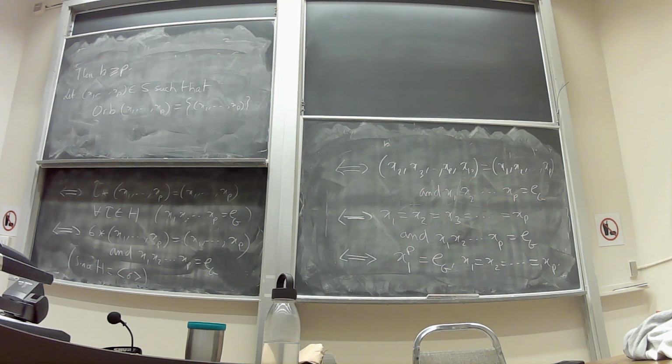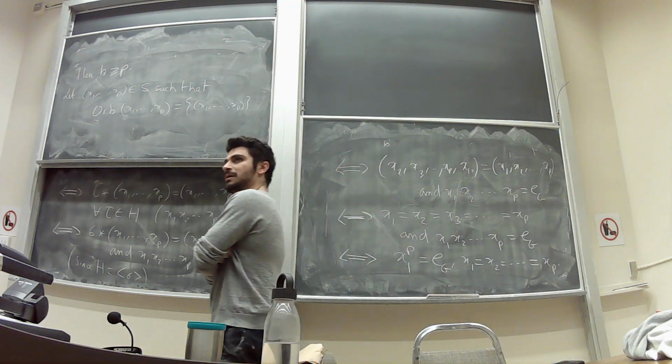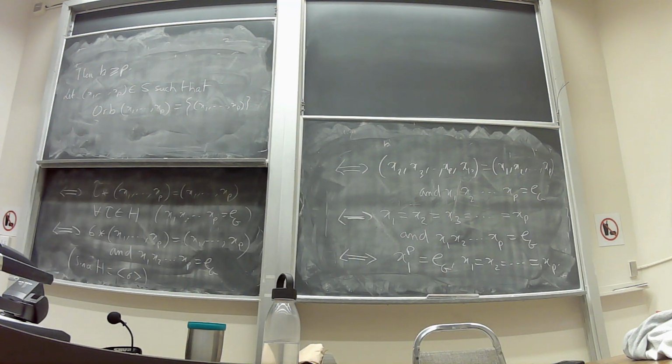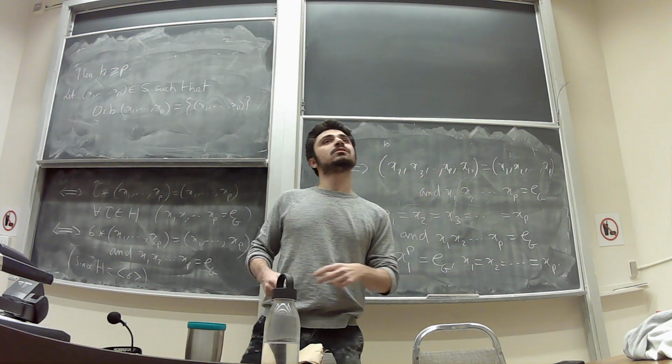Well, if x1 to the p is eG, what can I say about the order of x1? It must divide p, right? Now I know that there are at least p of these, so I can find an x1 that is not the identity that satisfies this, because I know there are at least p such possible singleton orbits.